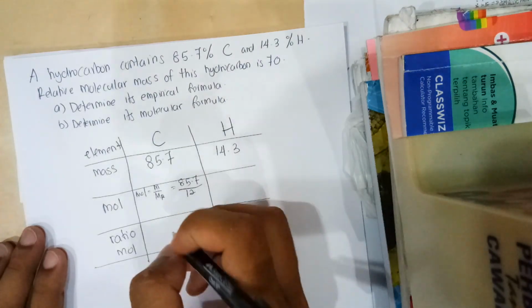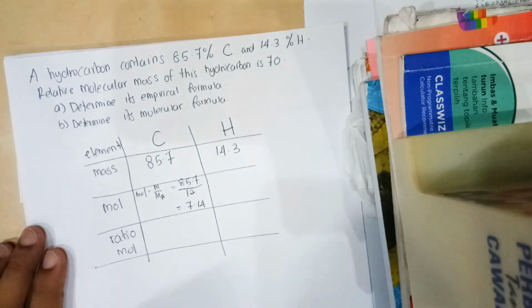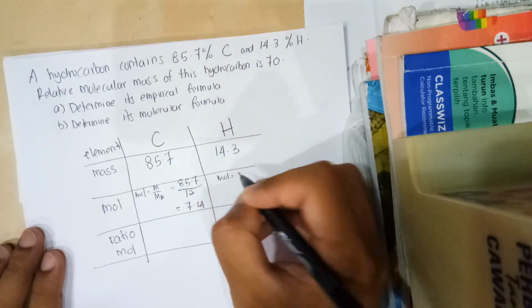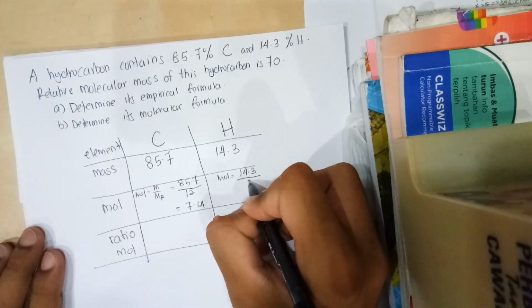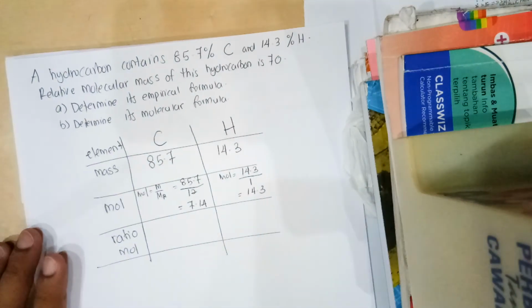If you divide this, you will get 7.14. Use the same technique for hydrogen: mole equals mass 14.3 over molar mass of hydrogen, which is 1, so you will get 14.3.